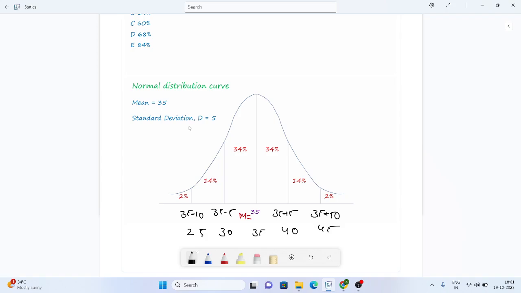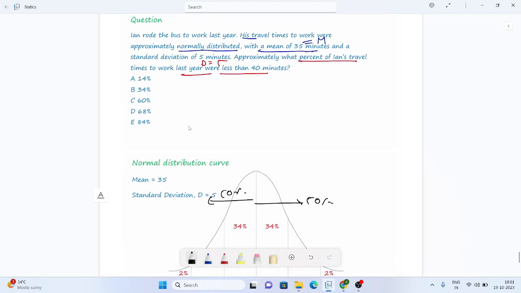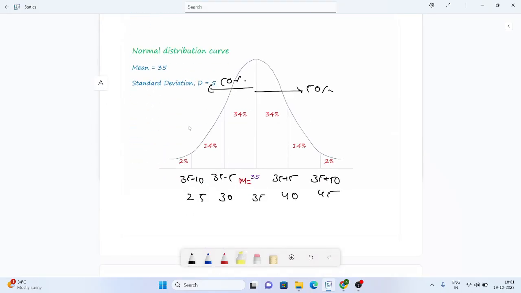Right. And here the total on this side is 50%, here also 50%. But what does it say? Less than 40 minutes. Less than 40 minutes means this whole area we have to consider, from here.